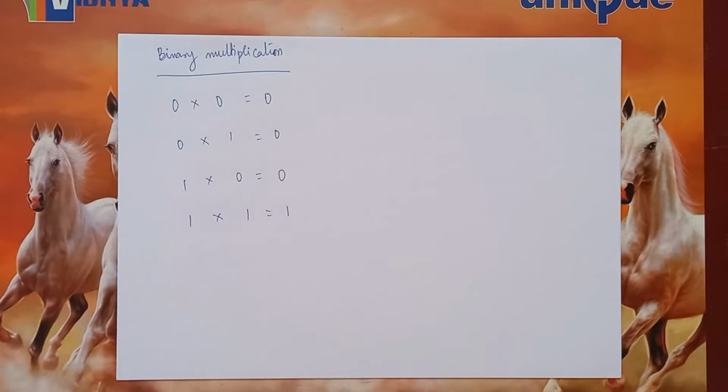These are the very simple rules of binary multiplication. There is no concept of a carry or a borrow whatsoever. Thereby, it reduces our calculations by quite a bit.